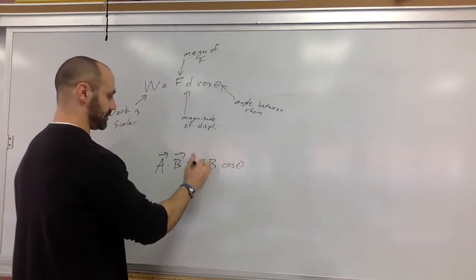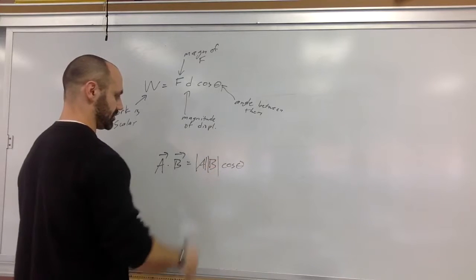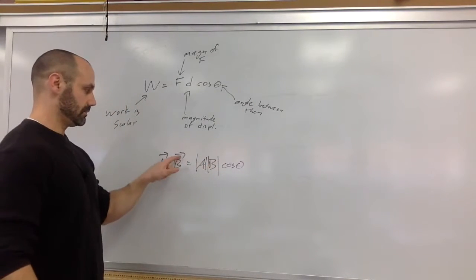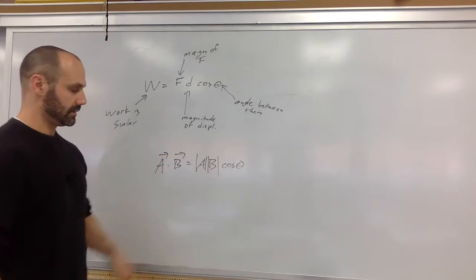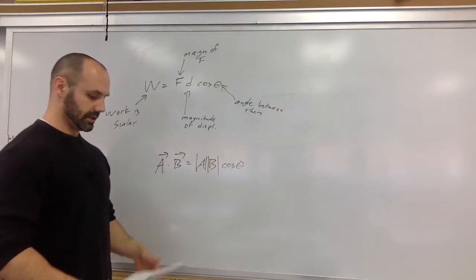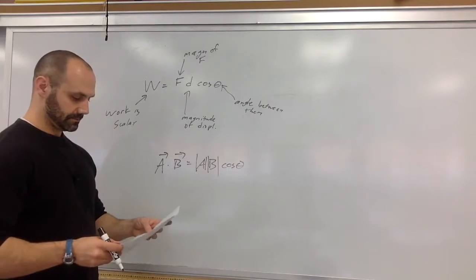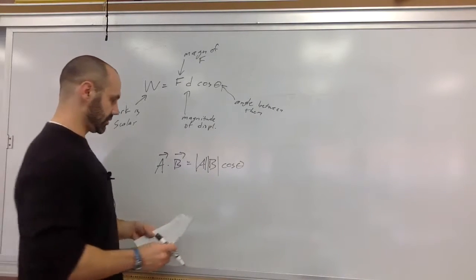And these are the magnitudes of A and B. So we could do this just to make that clear. It's A and B. Although we can write it without the vector notation and understand that it's still just the magnitude of those things. Okay, and so what is A?